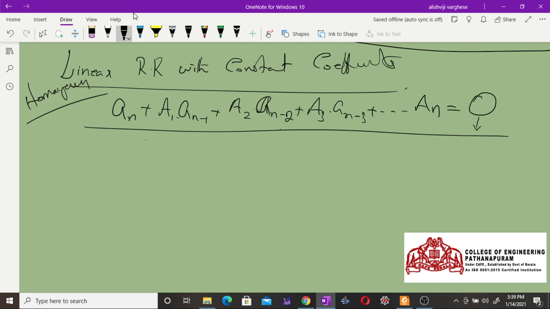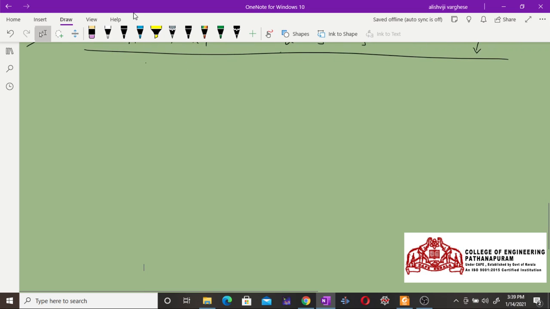So in order to solve homogeneous linear recurrence relations with constant coefficients, we will illustrate the concept using some examples. So let us consider the recurrence relation a_n is equal to 5a_(n-1) minus 6a_(n-2), and the initial conditions being a_0 is equal to 1 and a_1 is equal to 4.